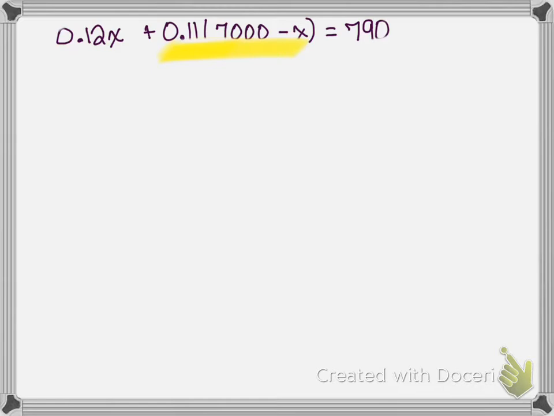100. Okay? So I'm going to multiply all of this by 100. Now, if I had 2 times 4 times 3, I would do 2 times 4, which is what? 8. Then I would do 8 times 3. Okay?